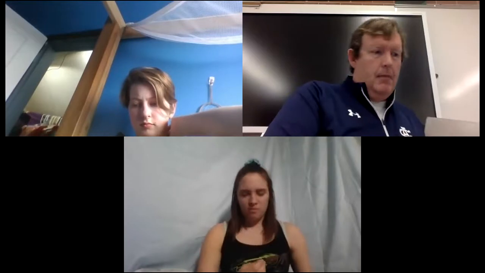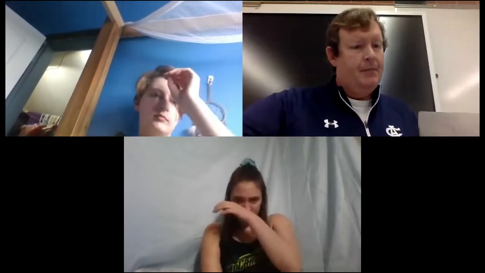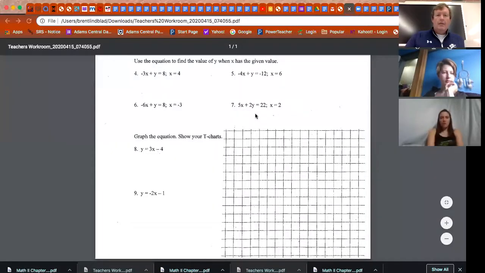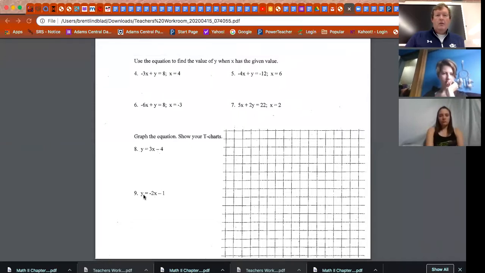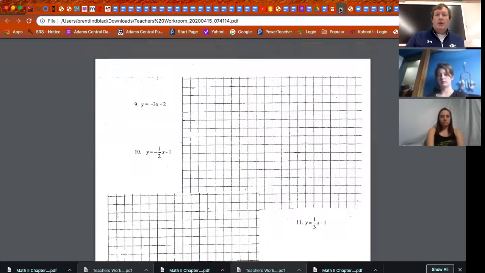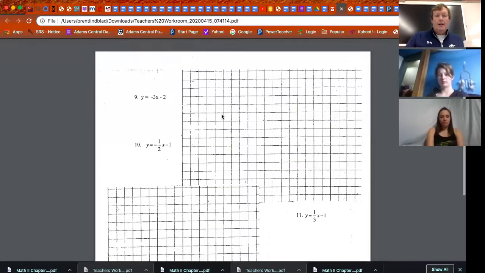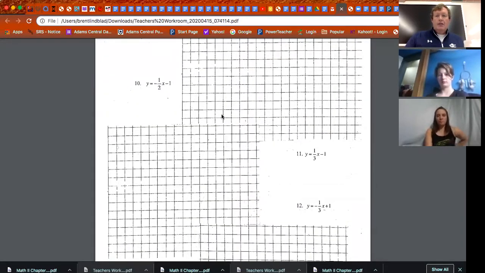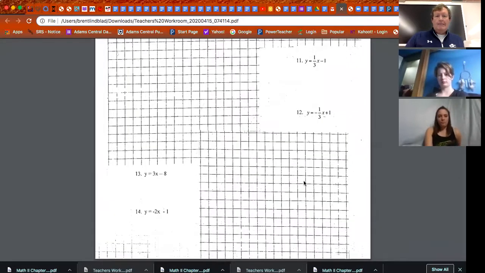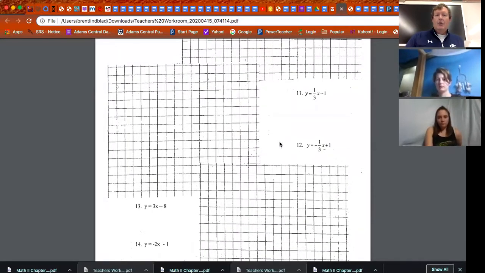Okay, I'm going to go to page 2, and I have it right here on my paper. Okay, let me share my screen real quick. Okay, so we did number 9, y equals negative 2x minus 1. But if we go to the next screen, let's do number 12.